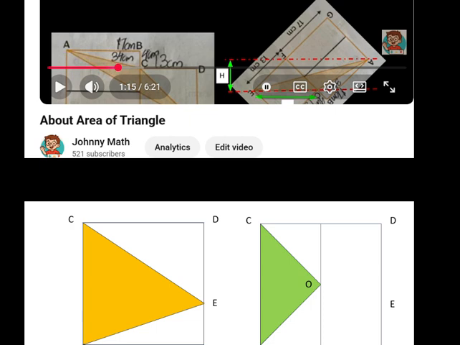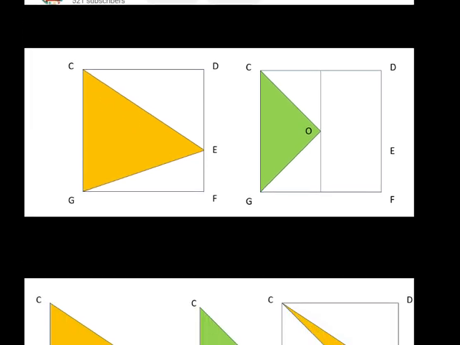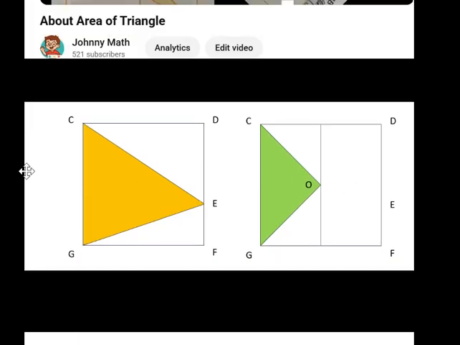Now that we understand this concept, we can solve this question quite easily. So this is the square CDFG. This big triangle here is half of the area of this square. Similarly, remember the question says that O is the middle of the square. So if you cut the square in the center, you divide by 2.